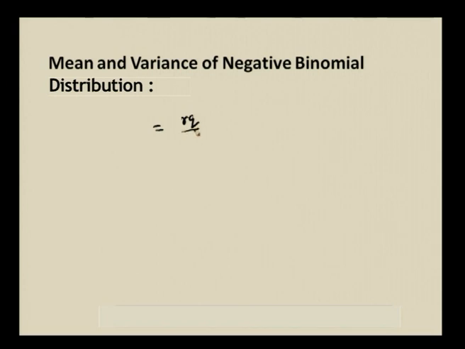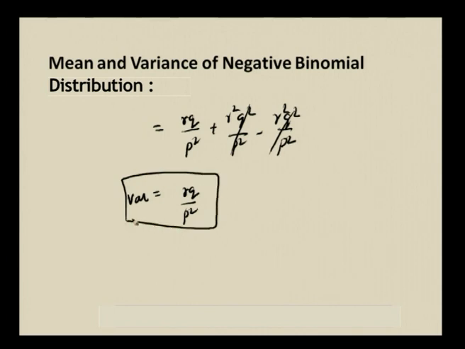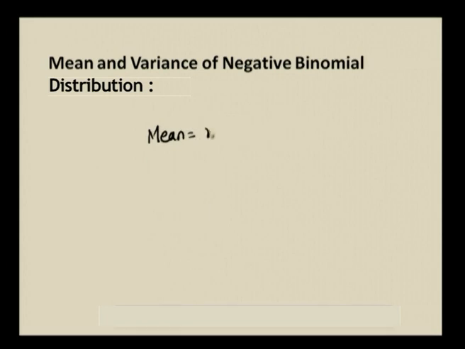Simplifying, r q by p square plus r square q square by p square minus r square q square by p square, this gets cancelled and you have only r q by p square, this is variance. So, consolidating the result, we get mean is equal to r q by p and variance is equal to r q by p square.